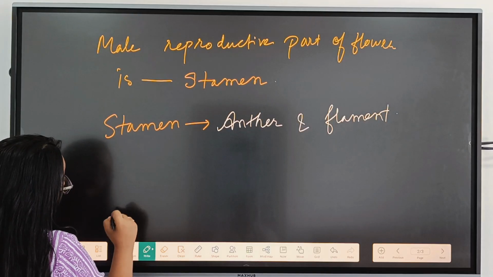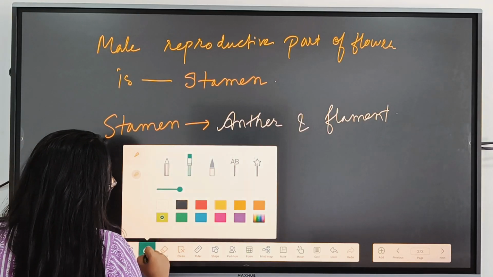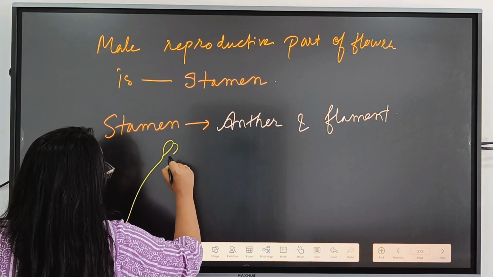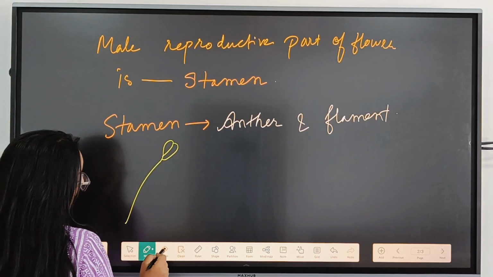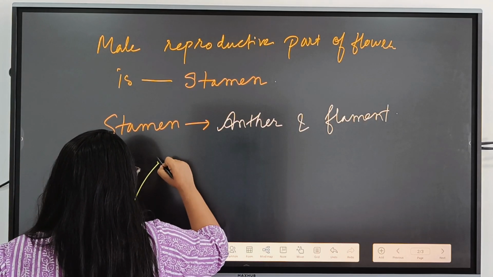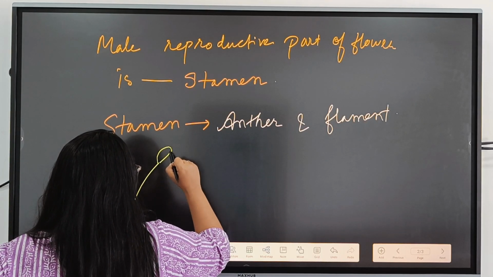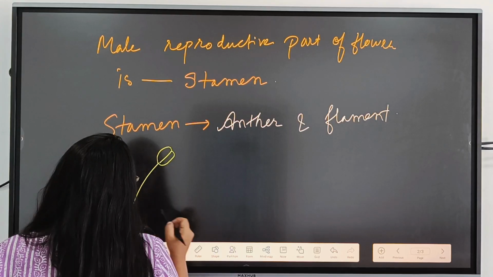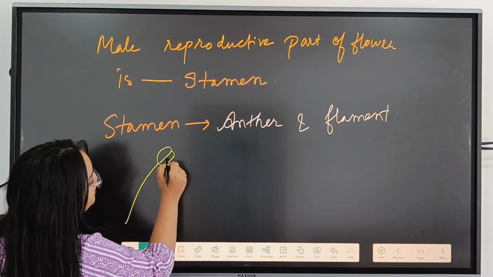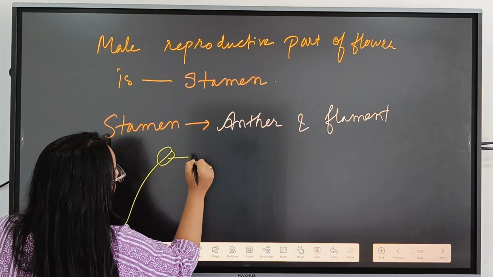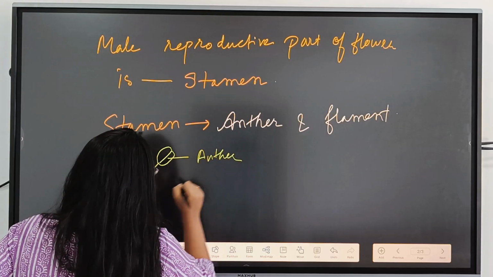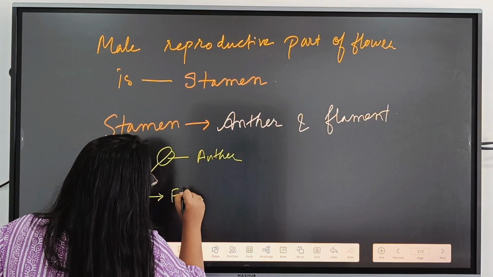The structure will be like this. So this swollen part is known as anther, and this part is known as filament.